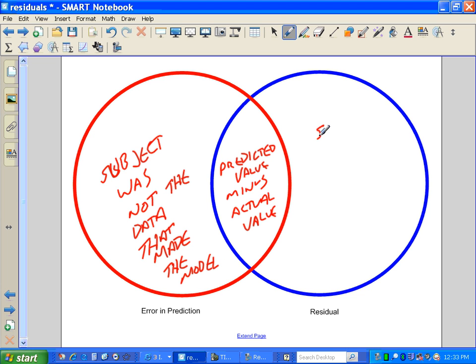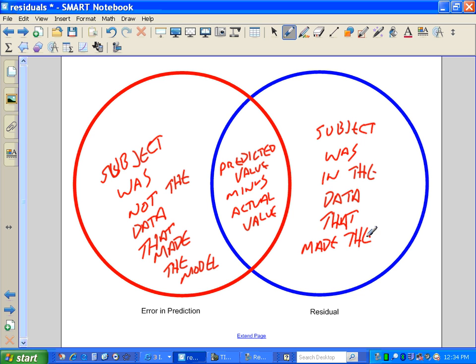On this side, the subject was in the data that made the model. Okay? So that's really the difference.